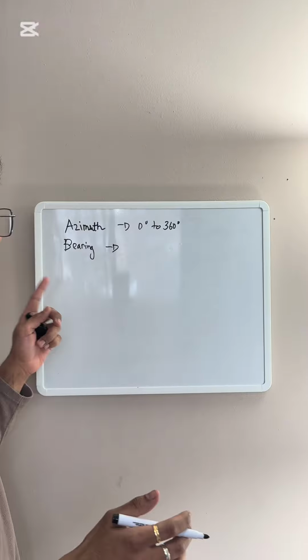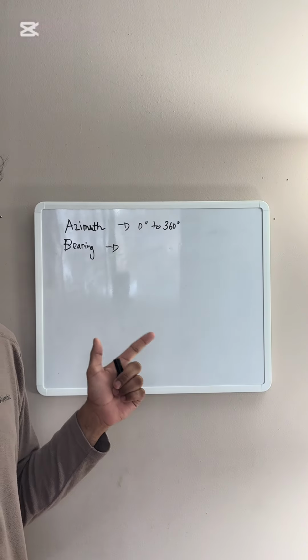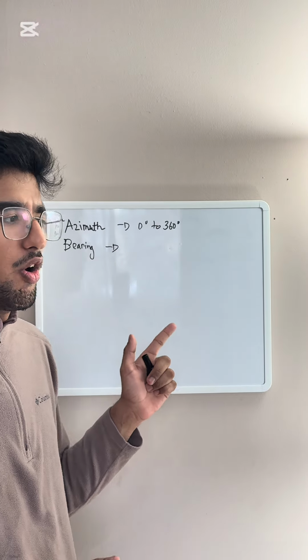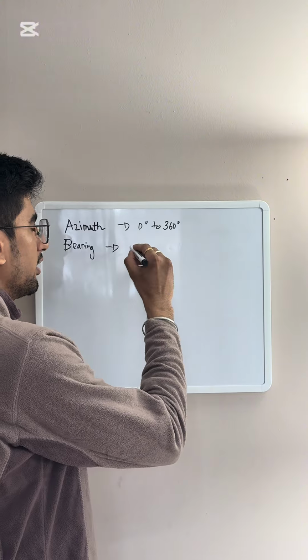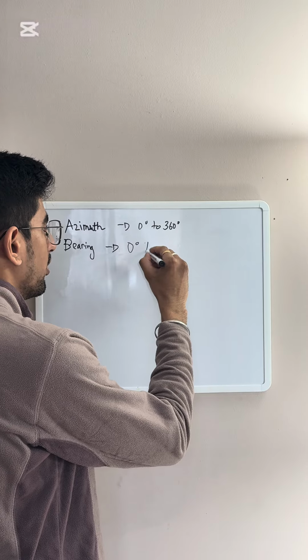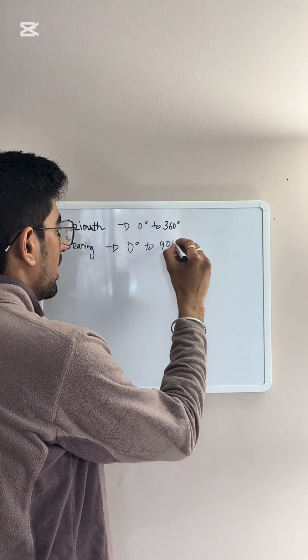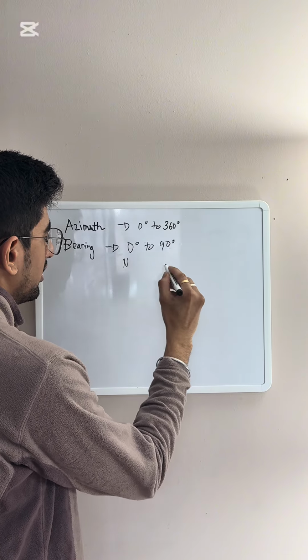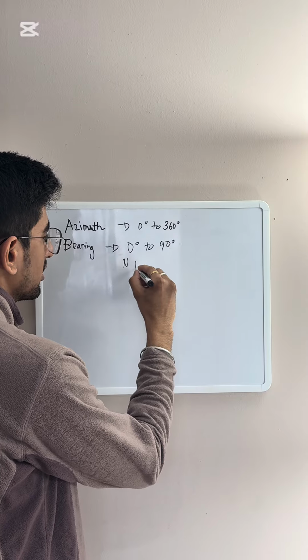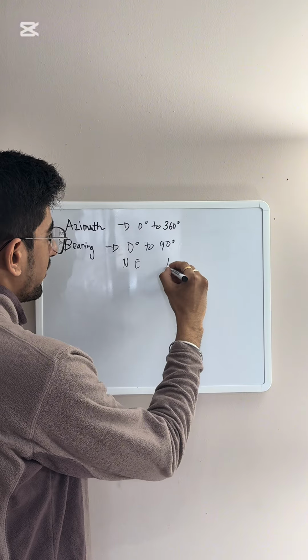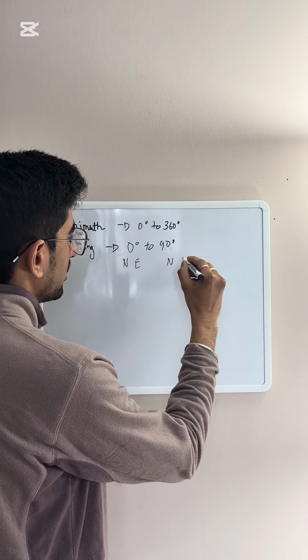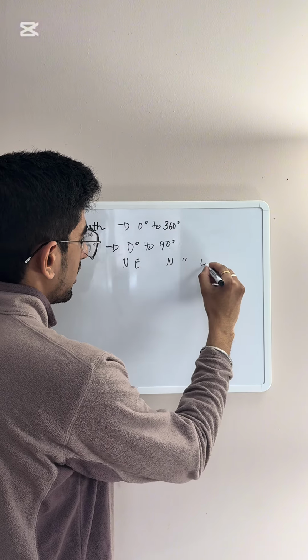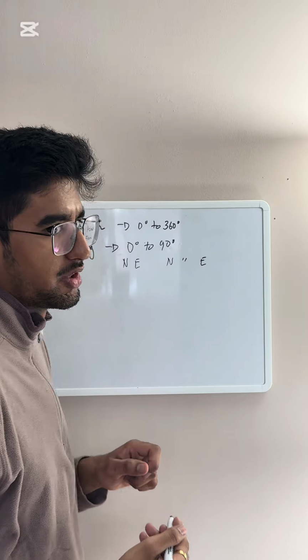The other difference between azimuth and bearing is that bearing values always range from 0 to 90, and they have one notation of the direction, then the angle, and then the other side of the direction.